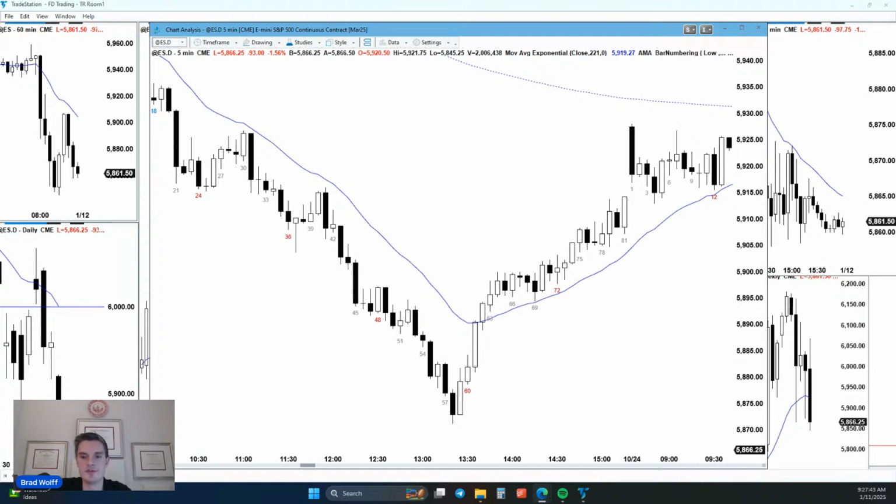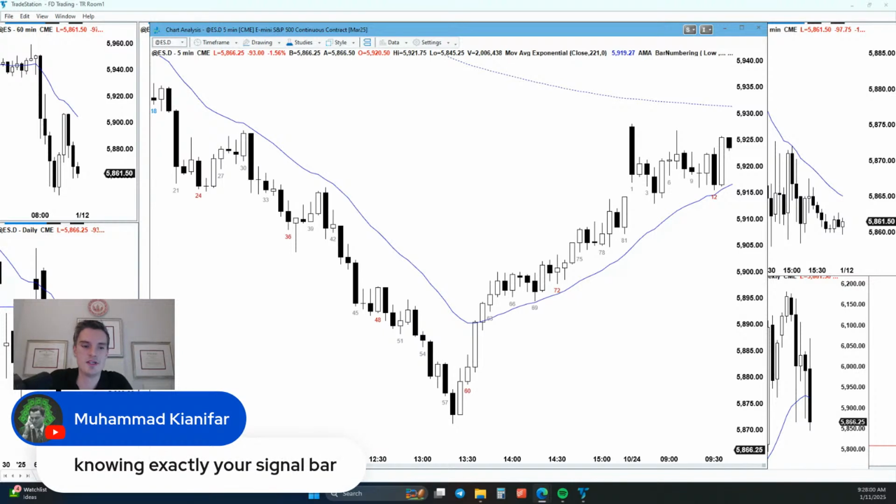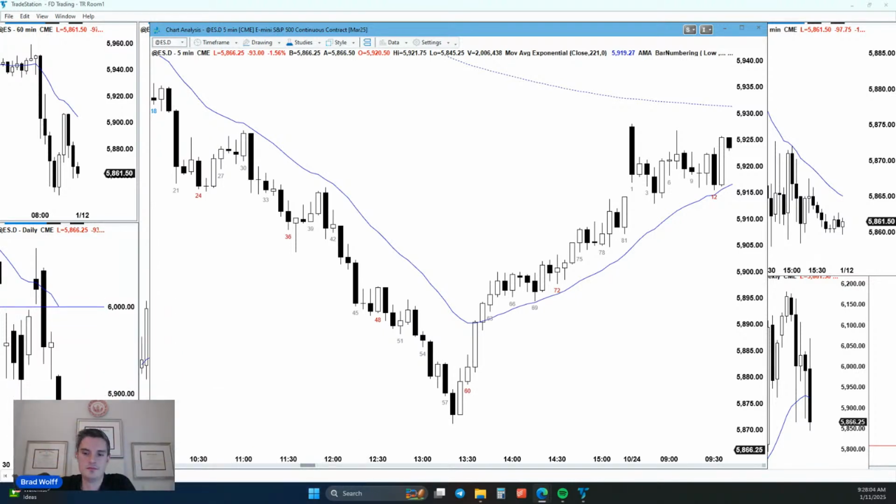Was anyone able to figure out better what their signal bar was, or did anyone get anything out of that? Knowing exactly your signal bar, yeah, that's what I'm talking about. You have to know your signal bar, which is part of your setup.